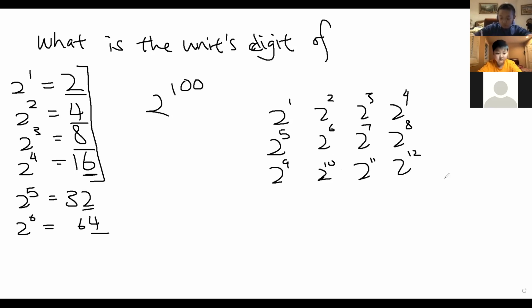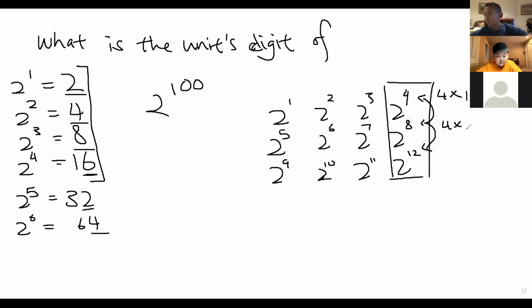I can safely say this because this follows a pattern. If I look at this last digit, these are all multiples of 4: 4 times 1, 4 times 2, 4 times 3.